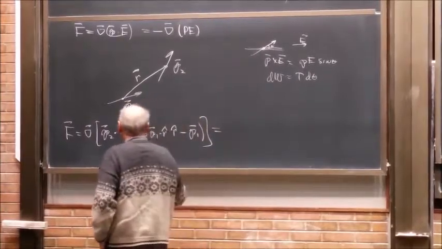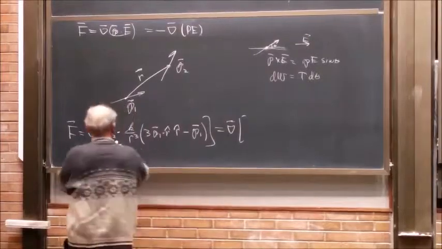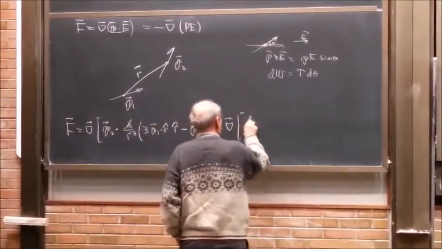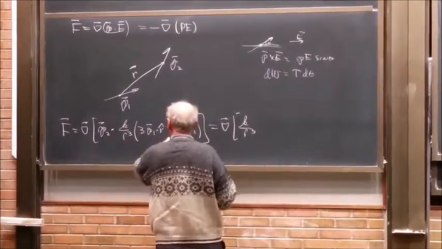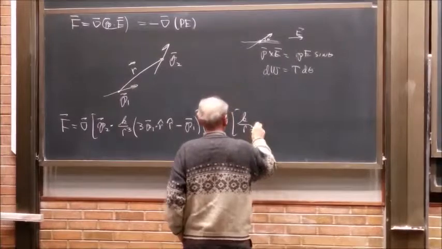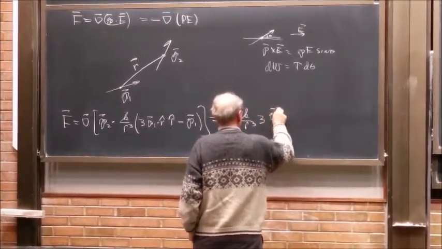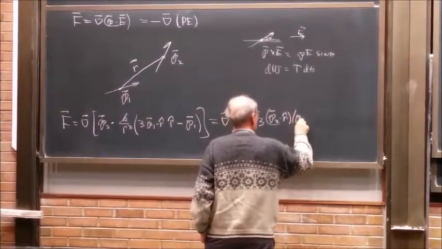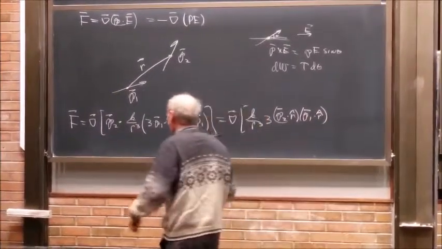So this will be the gradient of P2 dotted into this. That will be K over R cubed times 3 P2 dot R hat times P1 dot R hat.